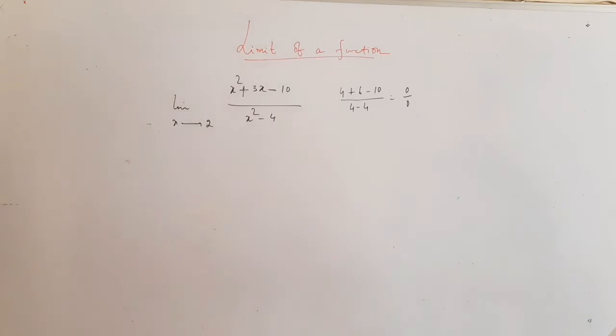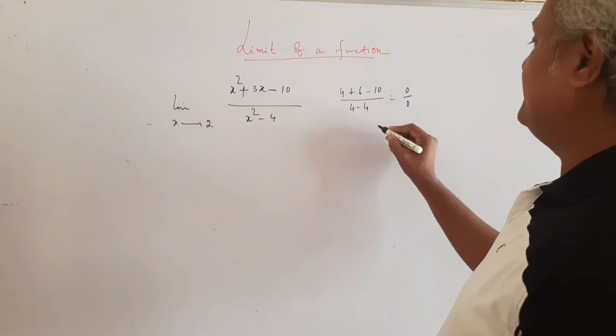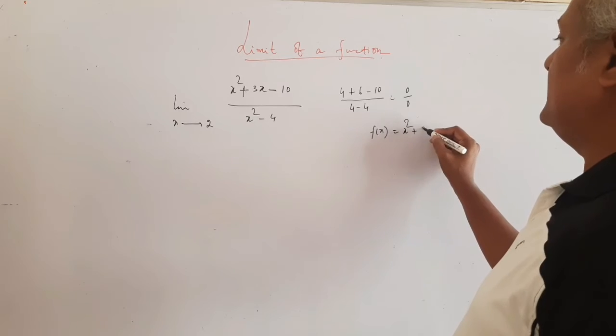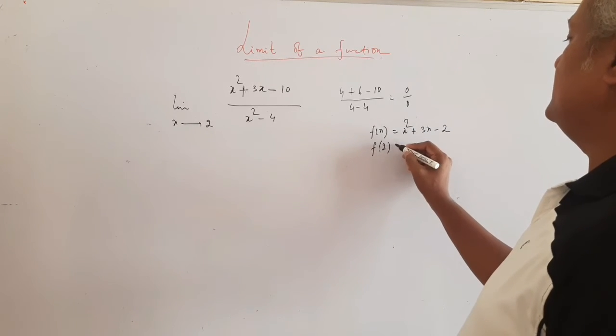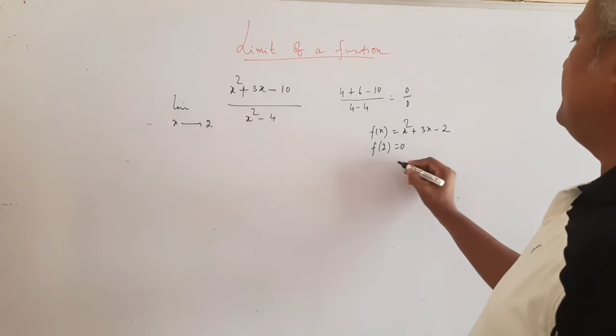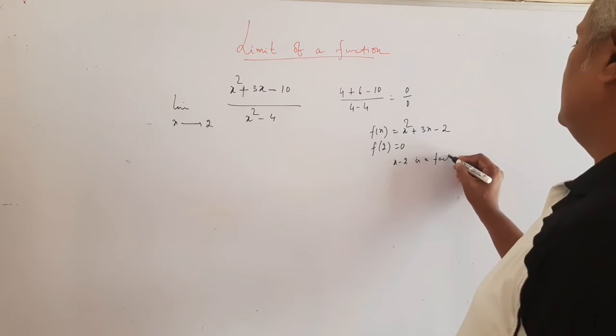But there is a formula called the factor theorem, that if f(x) is x square plus 3x minus 2, and if f(2) is 0, like putting the value of x as 2, if I am getting 0, it means x minus 2 is a factor of f(x).